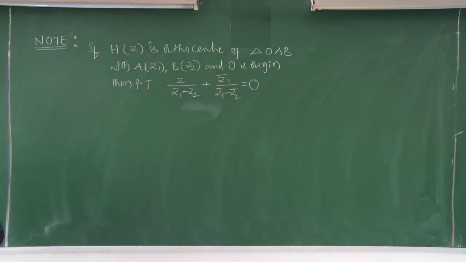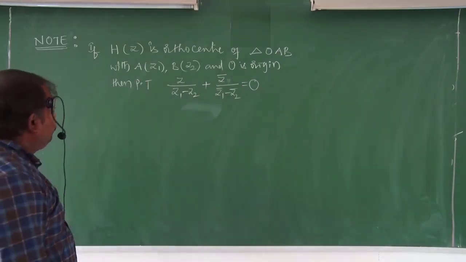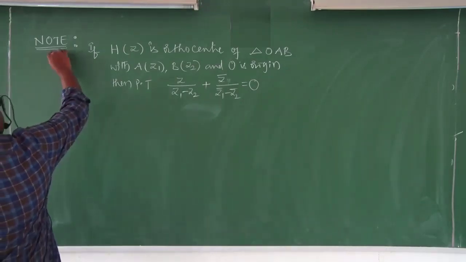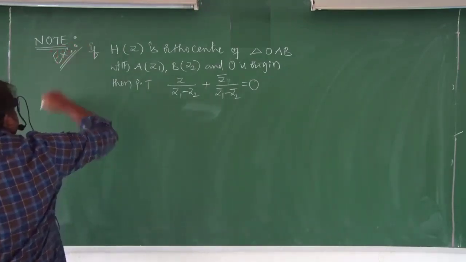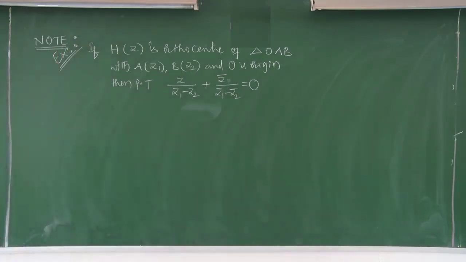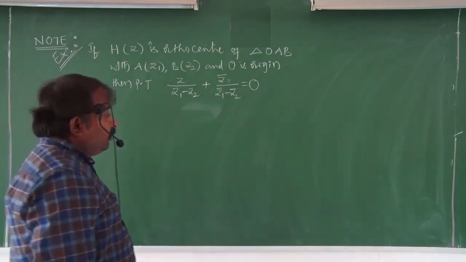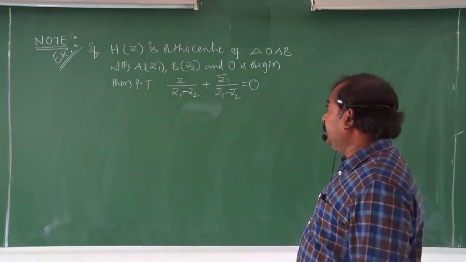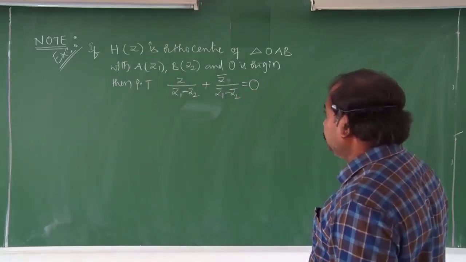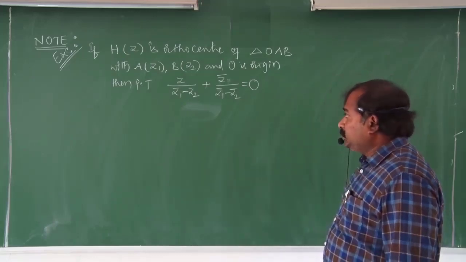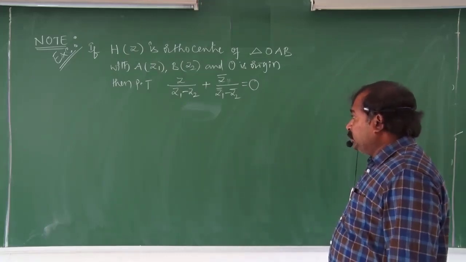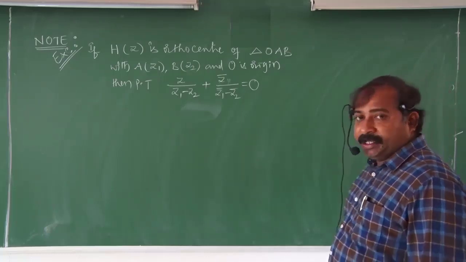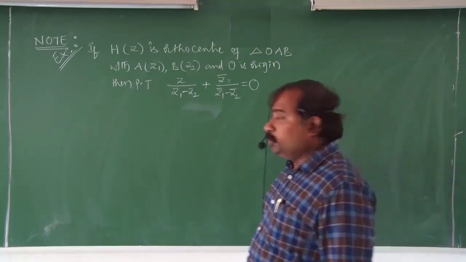Okay, that is the condition. One example they gave, a subjective bit: if H of z is the orthocenter of triangle OAB with A of z1, B of z2, and O is the origin, then prove that z by (z1 minus z2) plus z conjugate by (z1 conjugate minus z2 conjugate) equals 0. Then how can you proceed?